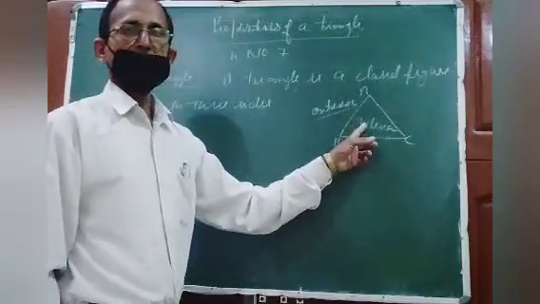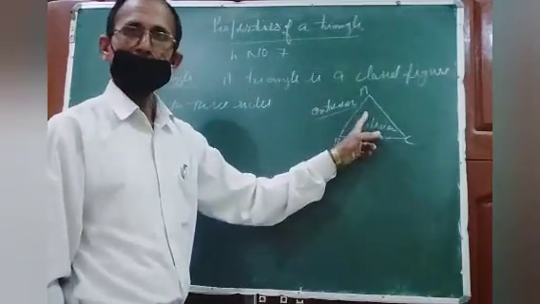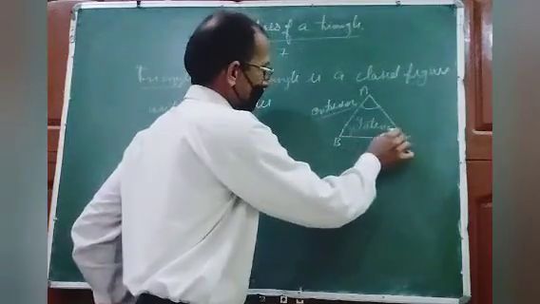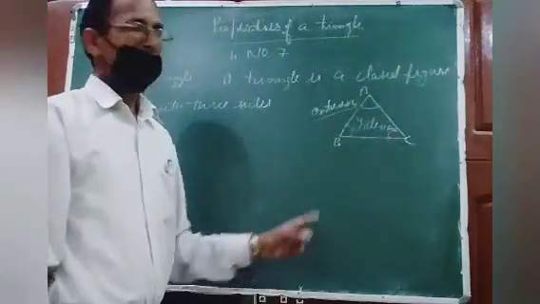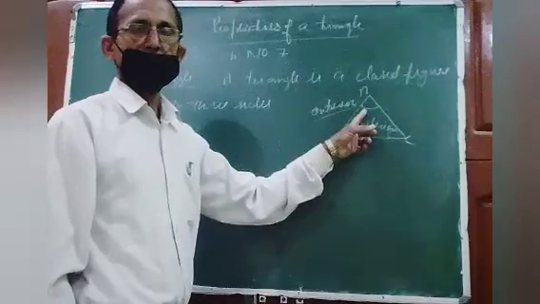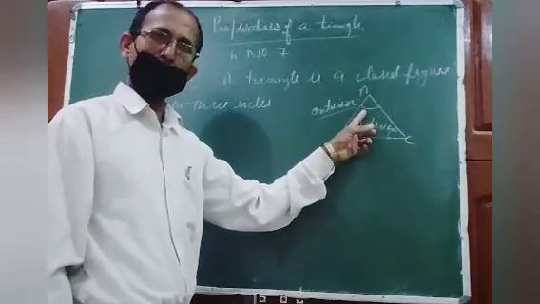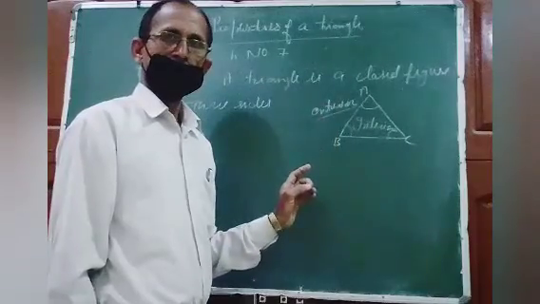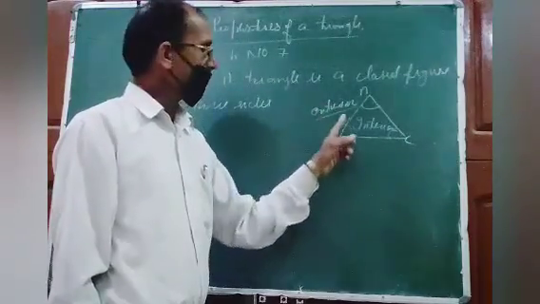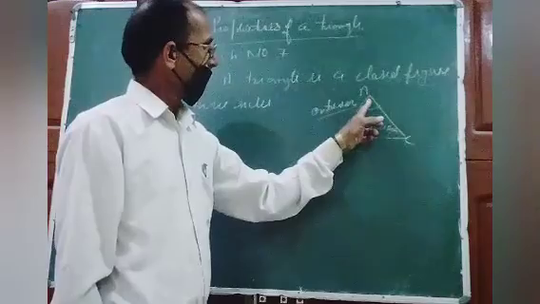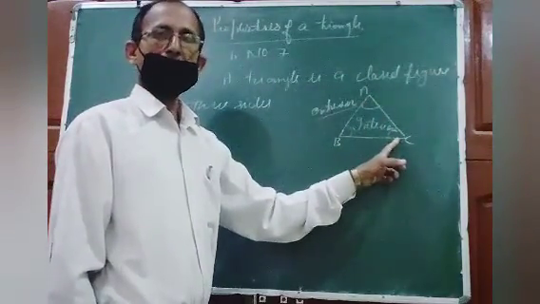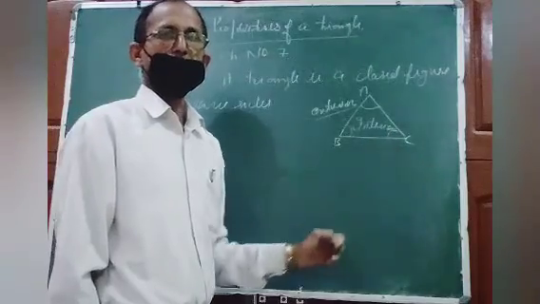A triangle has three sides and three angles. So these are the angles. The interior angles, it means the angles which are formed inside the triangle, are called interior angles. So angle A, angle B, angle C. These are interior angles.